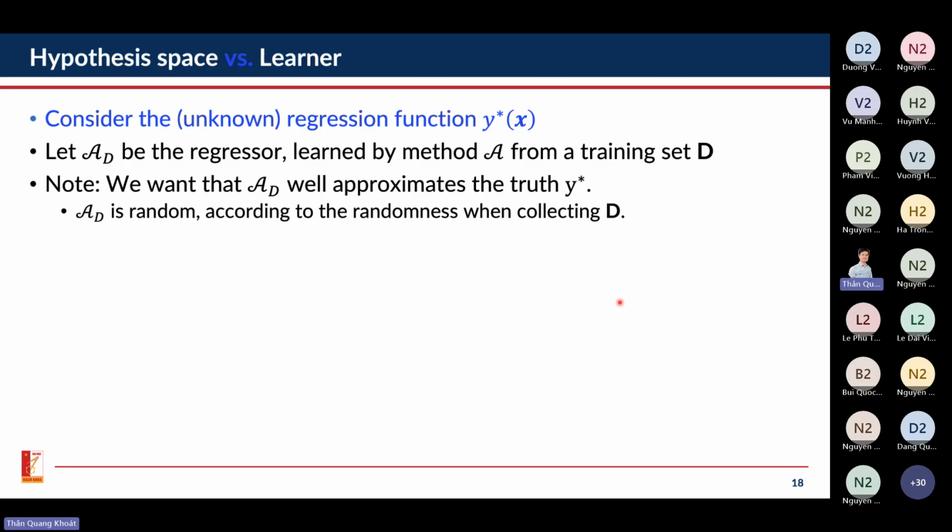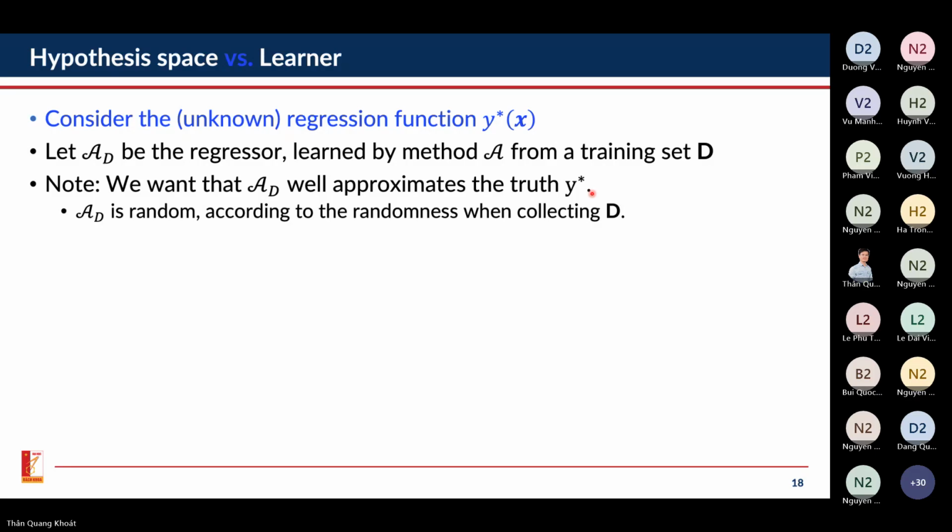Okay, so let's take just one example. Let's consider the regression function, y-star. After training, the learner can produce one regression, which we denote by A_D, based on the training set D, for example. And we hope that the trained model approximates the truth very well.